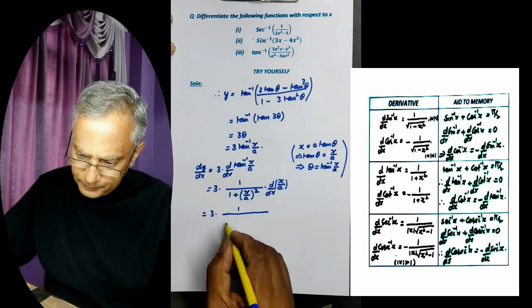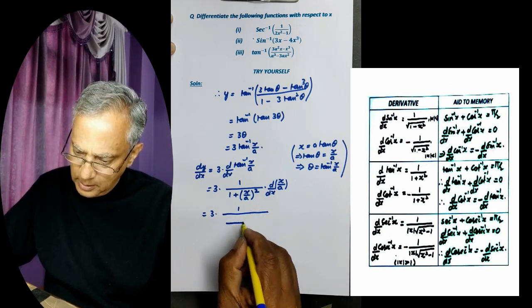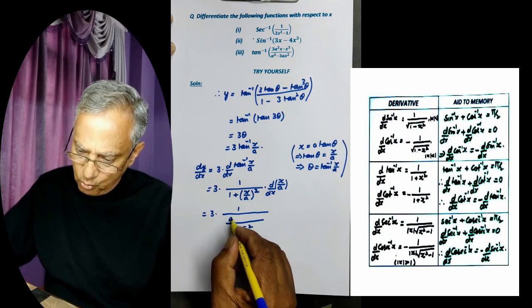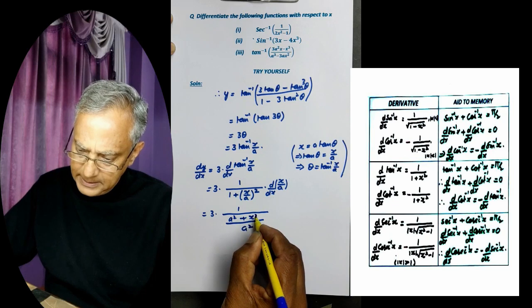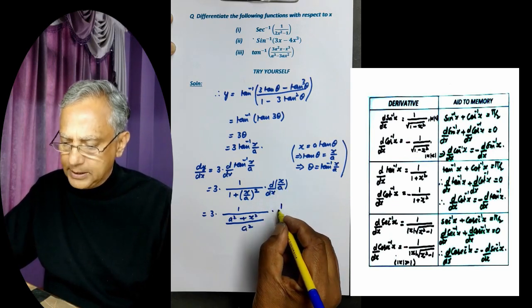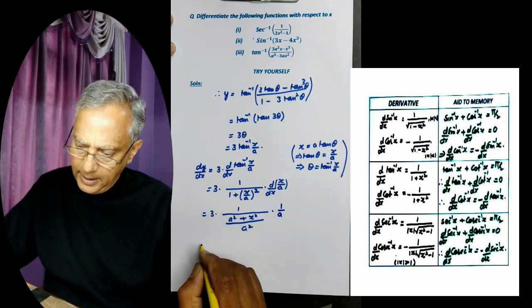Now 1 upon, a square is the LCM, and we get a square plus x square, into d by dx of this, which will be 1 by a.